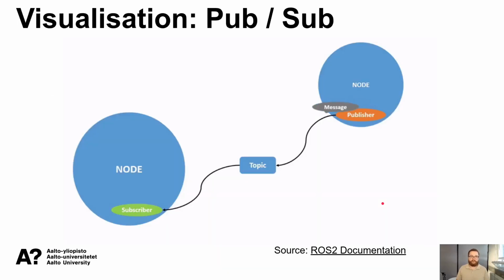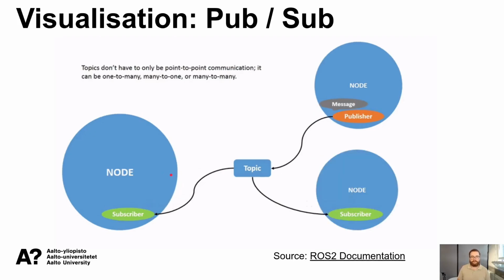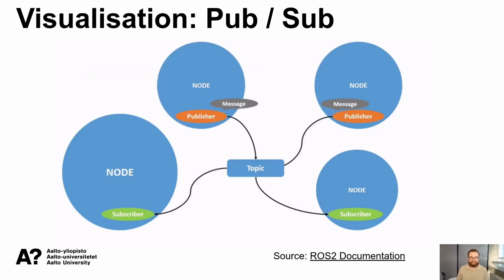Let's look at this a little bit more visually, what the publishing and subscribing can look like. Here we have a node that is acting as the publisher, and it's sending a message through the topic, and the message is delivered to a node that is a subscriber. Kind of simple one-on-one communication. A little bit more advanced, as said, there can be multiple nodes publishing or subscribing to a topic. So the communication can be one-to-many, many-to-one, or many-to-many.